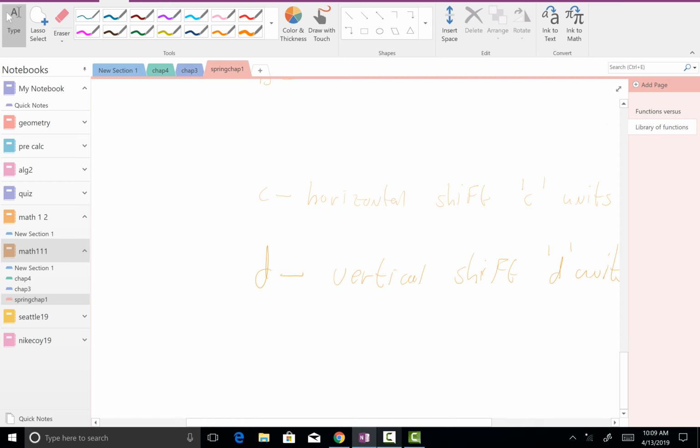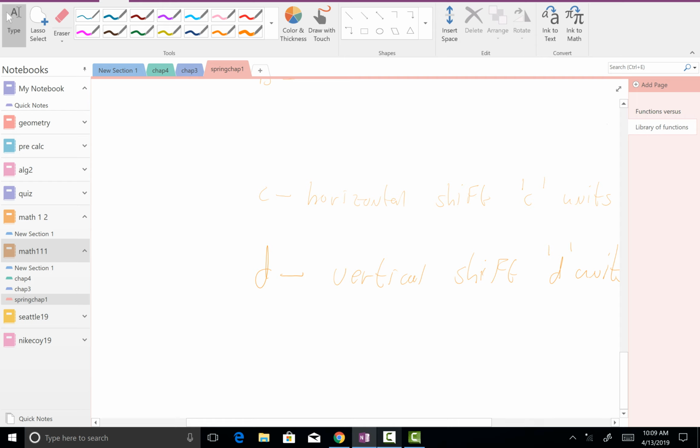I'm going to make this 1, and the rest of them are good. It's really hard to see a B because if we use B here, it's going to look a lot like A, except we don't get that reflection.